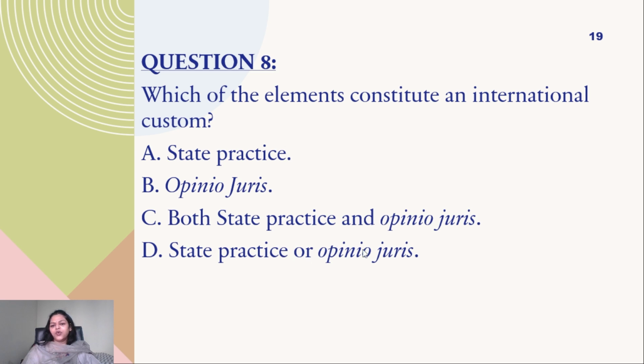So if state practice is there, even if opinio juris is not there, it would be a custom. We know that this is not so. We know that both state practice and opinio juris are needed, because both elements are important to constitute an international custom, right? So that would make us choose C as the right answer.